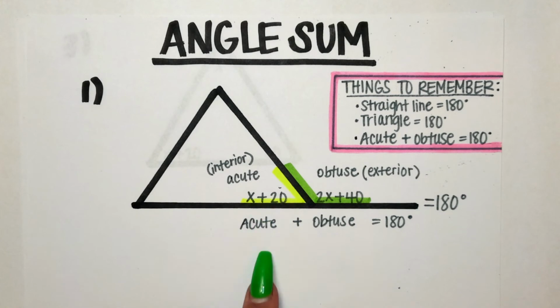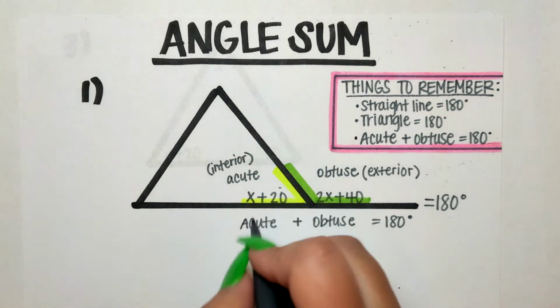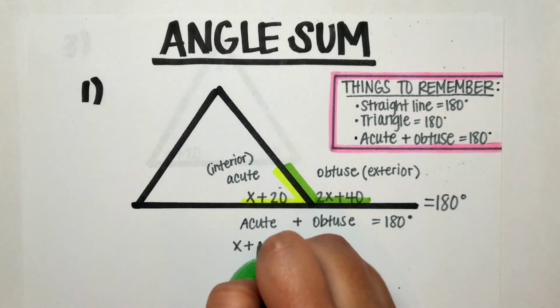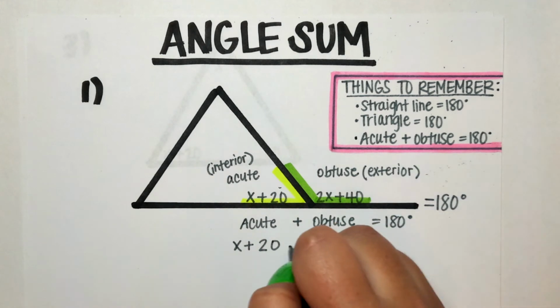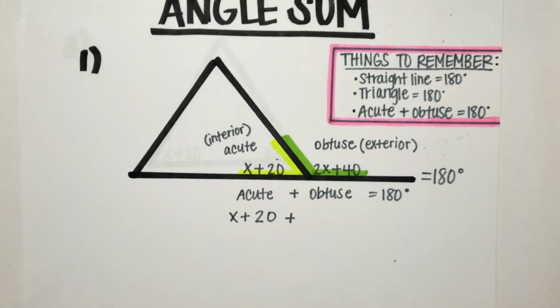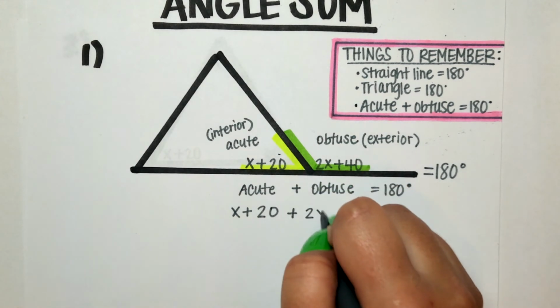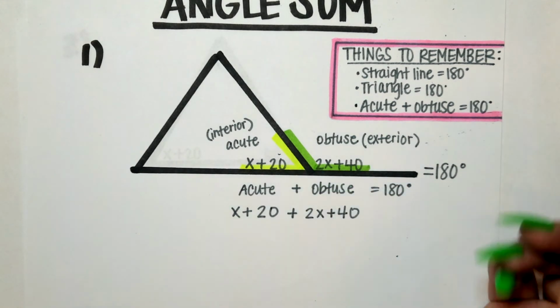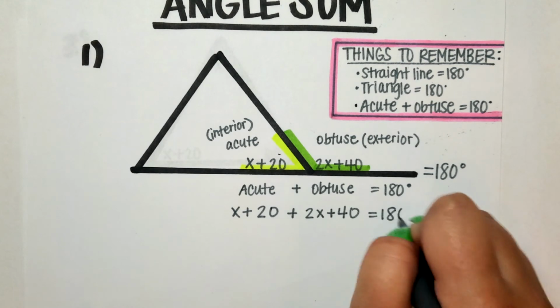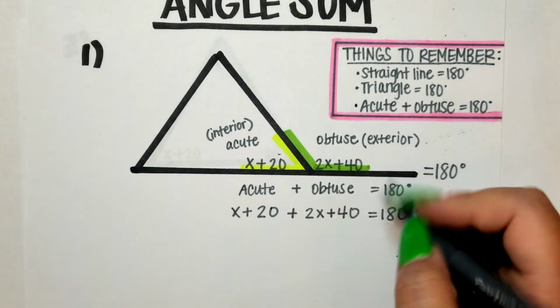And I'm just going to bring down my expression. So my acute angle is x plus 20 plus my obtuse angle of 2x plus 40 equals 180 degrees.